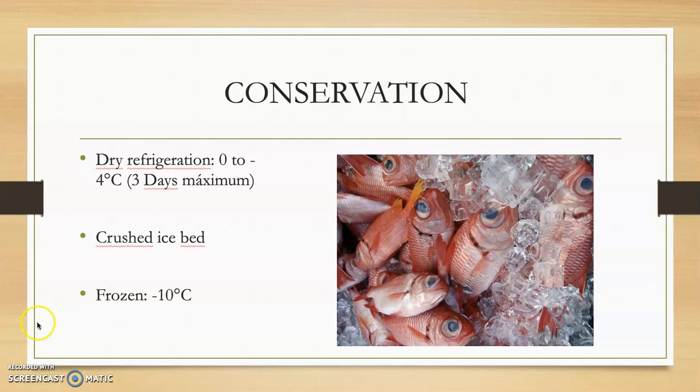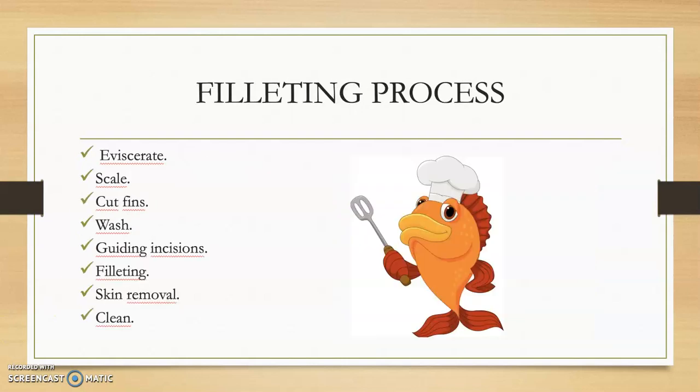There we have to talk about the filleting process. In the filleting process, we have to follow the following order. We have to eviscerate the fish, we have to remove scales, we have to cut the fins, we have to wash, we have to make some guiding incisions in some parts of the fish, like the tail and the back of the fish.